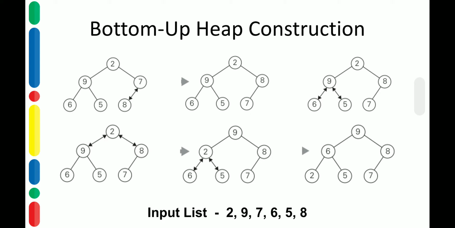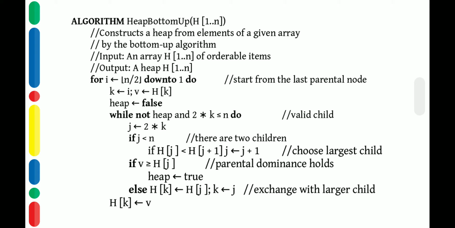So now let's look at the algorithm for this bottom-up heap creation. This bottom-up heap takes an array h indexed from 1 to n. Rather than using 0 to n minus 1, for the sake of convenience, we are using 1 to n notation. So what does it do?